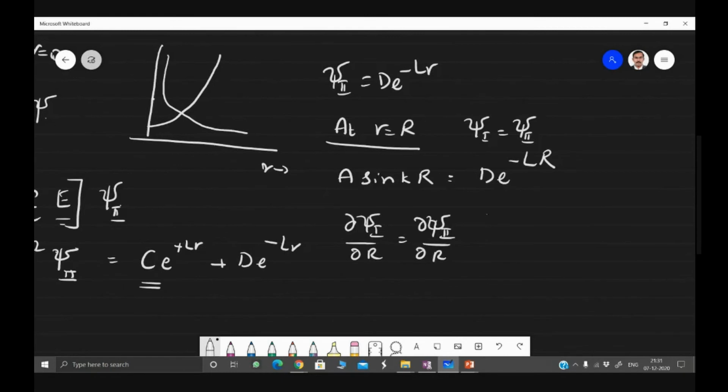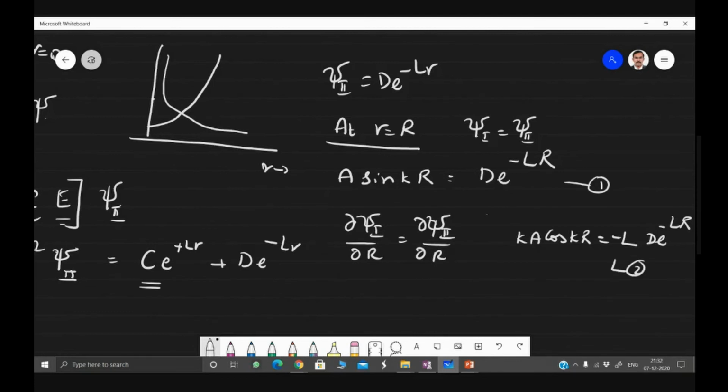If you take the derivative of this function, this will be KA cos KR, and this is equal to, with a minus sign, L D e power minus L R. So we have two conditions given by these two equations 1 and 2.